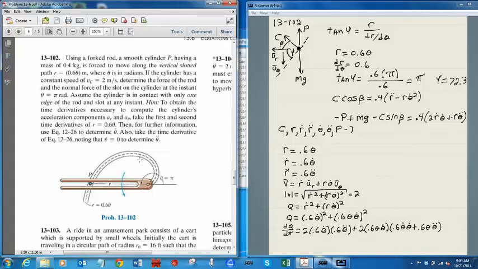Okay, so that is the derivative of Q, or the speed squared, and since it's constant, this has to equal 0.